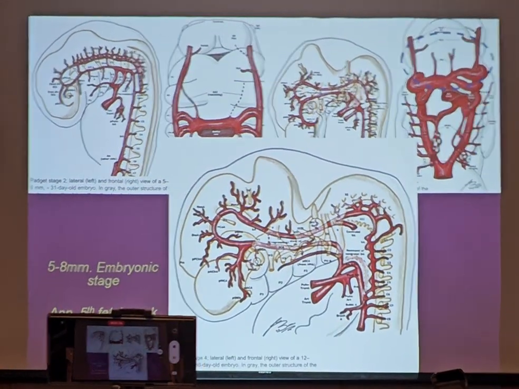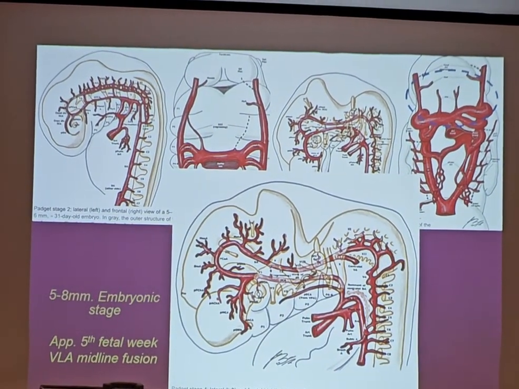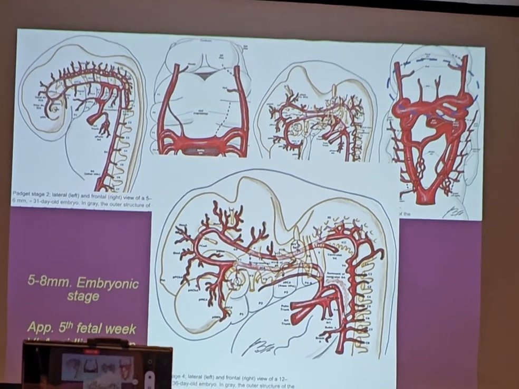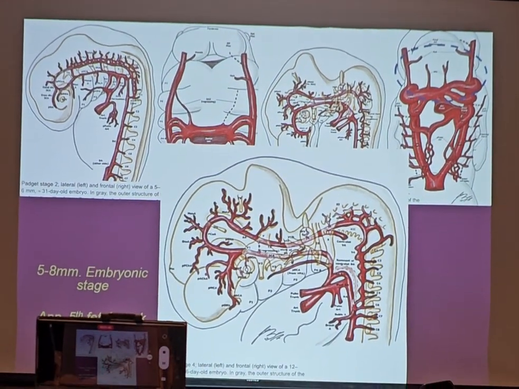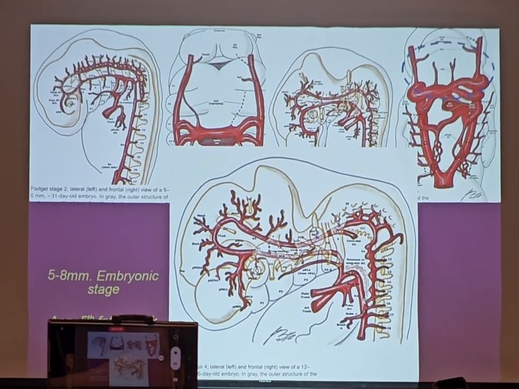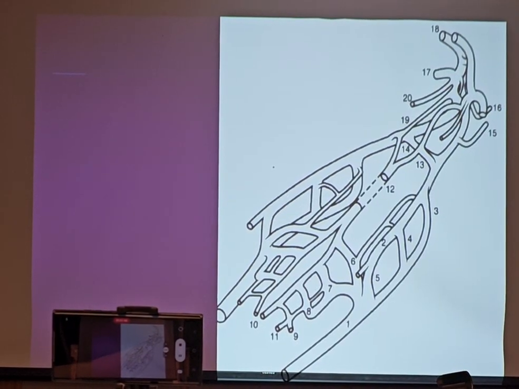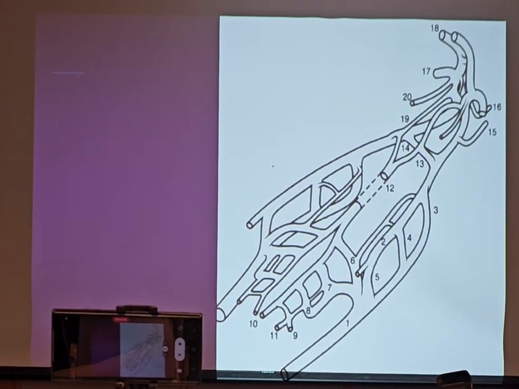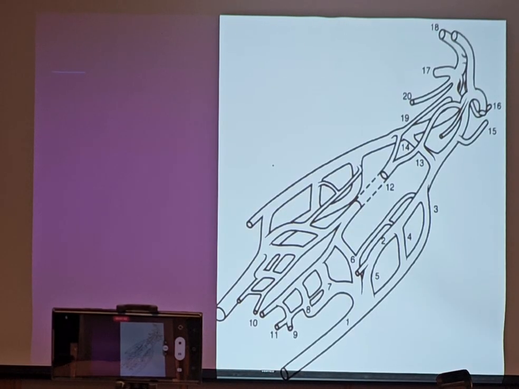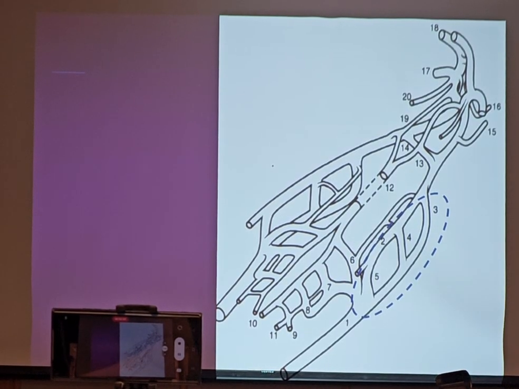We are now having the longitudinal connection between segmental arteries of the upper cervical area. To make this drawing more basic and understandable, this is a diagram from Pierre's book. We will start with this first, second, and third aortic arch. This one is the ventral aorta, and the upper one is the dorsal aorta.